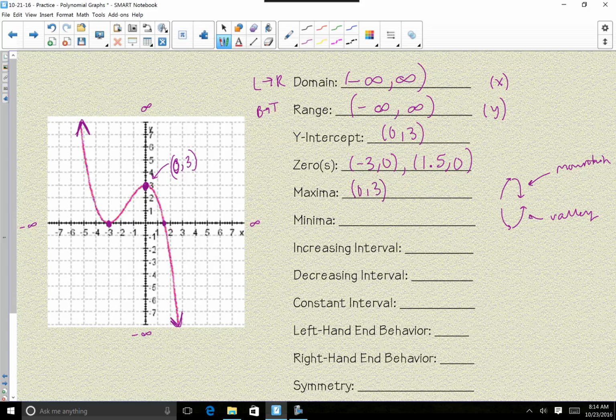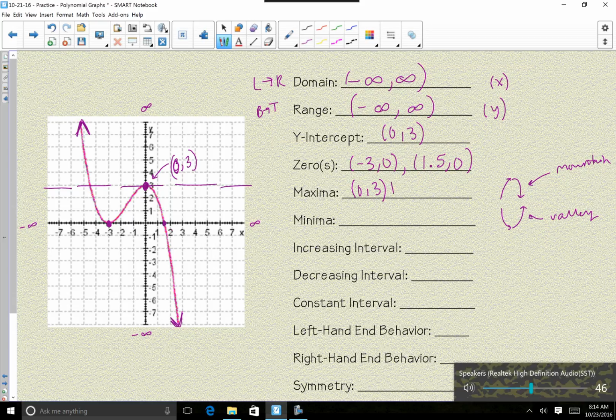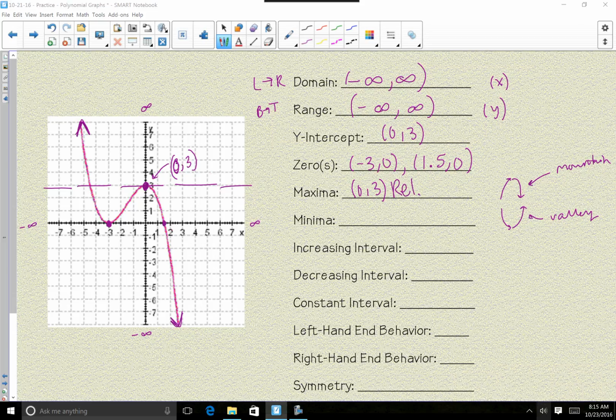So (0, 3) is a maximum, but I'm trying to figure out if I drew a line right here, is there anything above that line? Yeah, there is. So this would be a relative maximum.